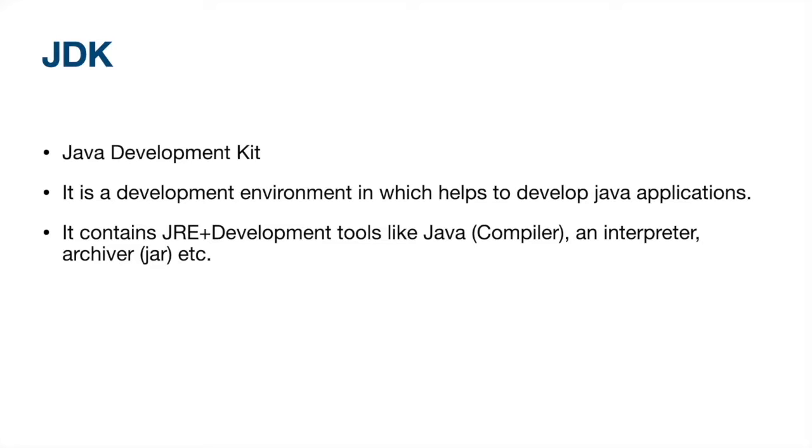It has the JRE, compilers, interpreters, and archivers, which we know as JAR files, Java archives, and so many other things which help you to create Java based applications, where you can code your program, create an application, create a product, or whatever you want to create in Java.